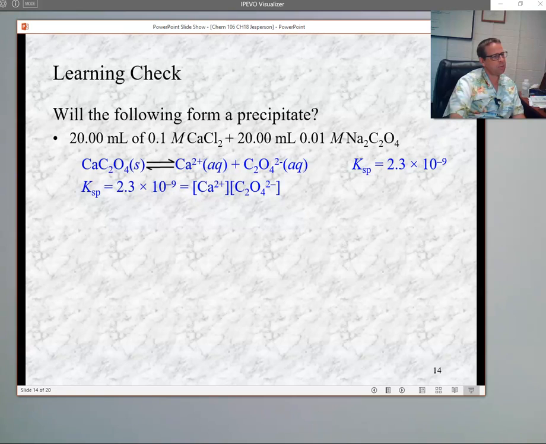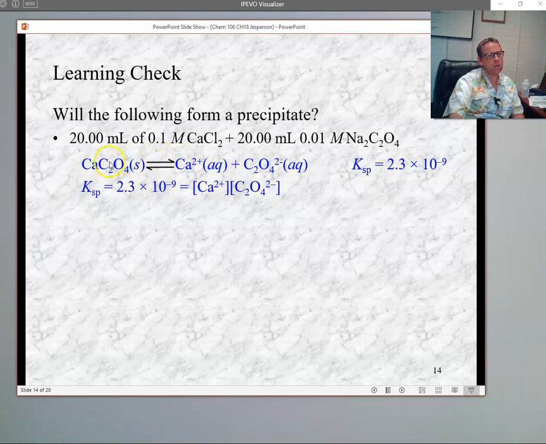Sarah, do you remember what we had to do to identify the concentration of calcium ion? What did we have to do? Just 0.1 molar because we have. Whoops, did we lose Sarah?